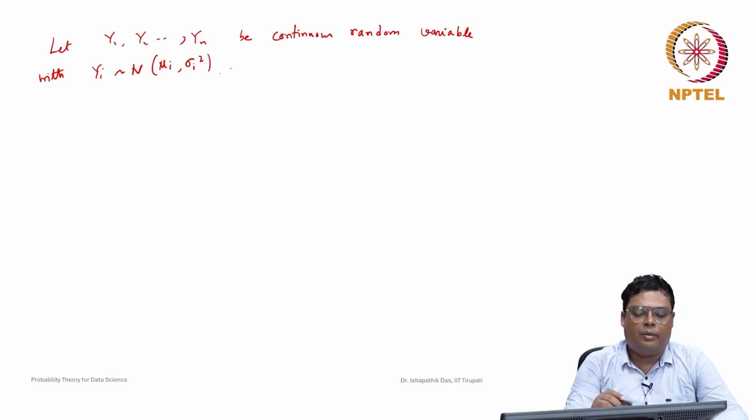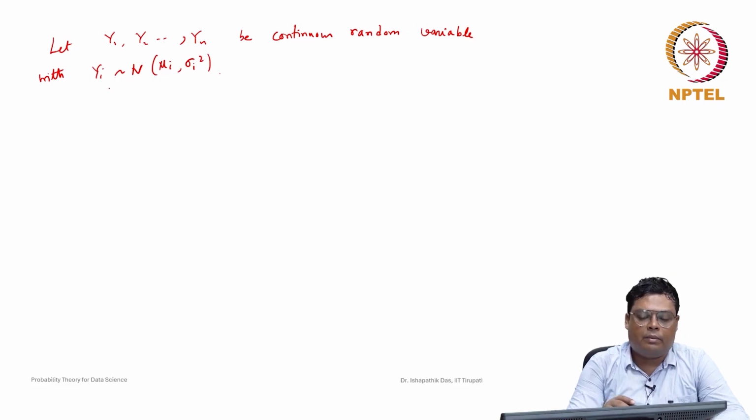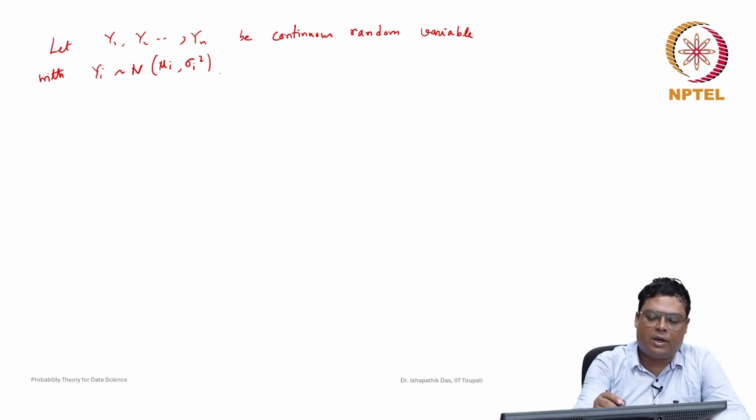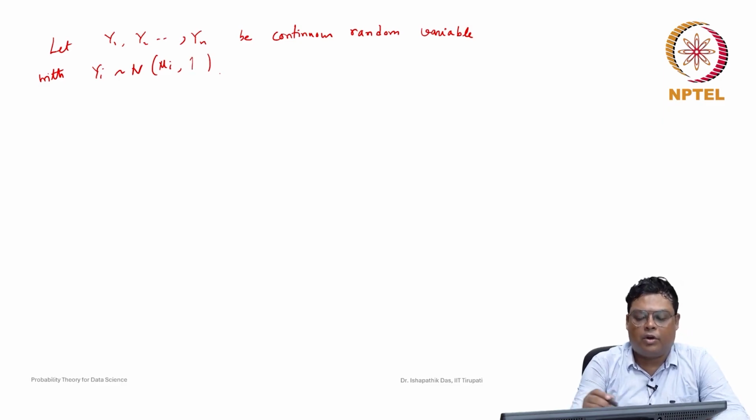Note that we denote the normal distribution like this; we discussed this normal distribution with mean mu i, variance sigma squared. For simplicity, let us assume that sigma squared is 1; sigma squared can also take any other values. Here, if you considered the same mu, some single value, they would be identically distributed random variables. But here we are considering a different mu i for different i, different means, so they are not identically distributed random variables; they are different random variables.